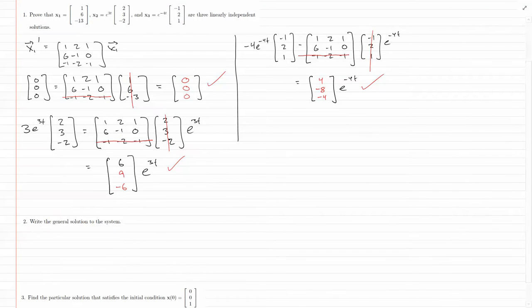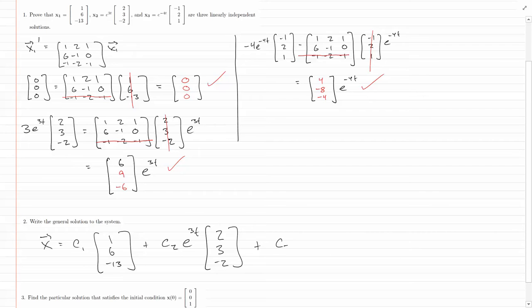So the general solution is going to be x equals c1 times x1 plus c2 x2 plus c3 x3.